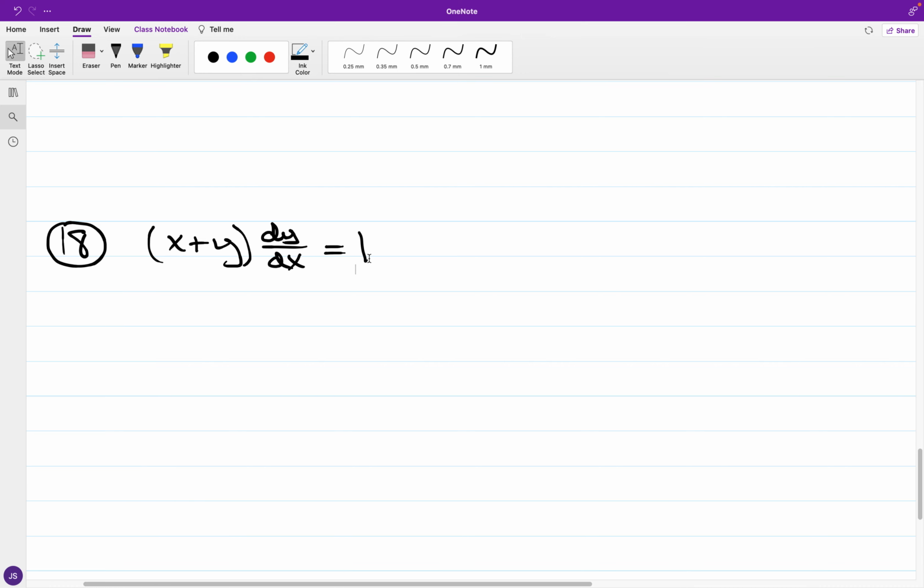For number 18, we have the quantity x plus y times the derivative, y prime or dy over dx, is equal to 1. If I isolate the derivative, I can just divide the equation by x plus y.